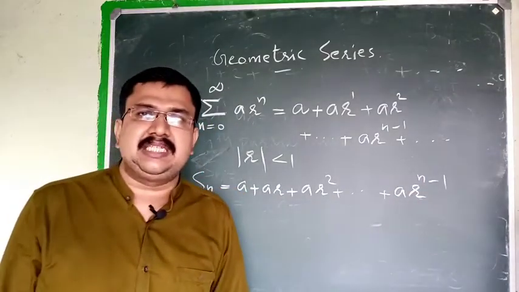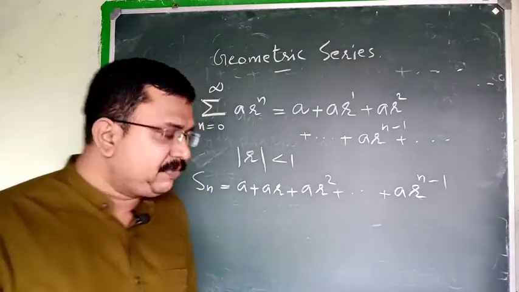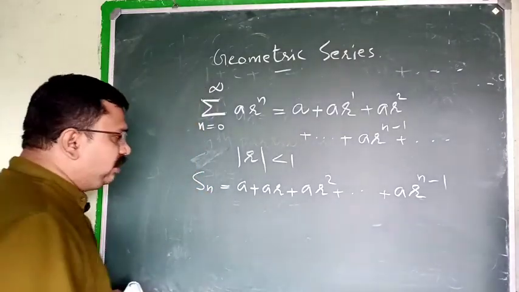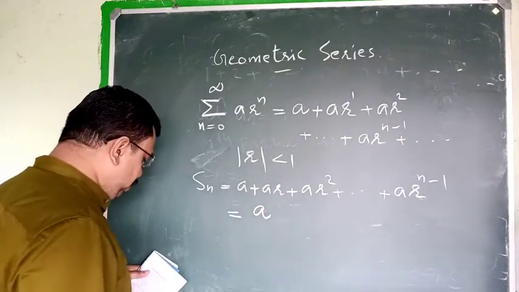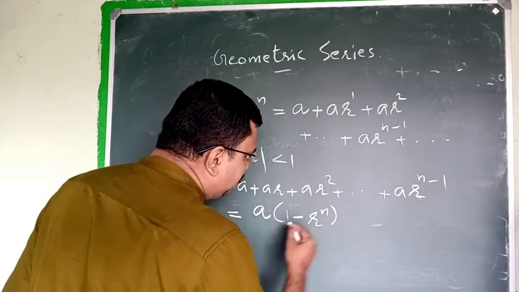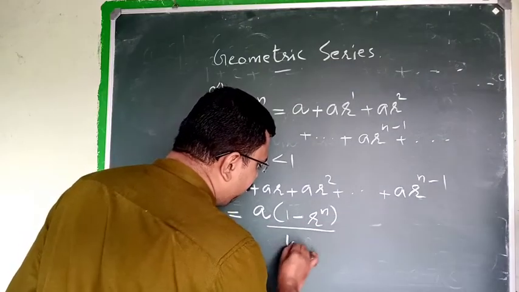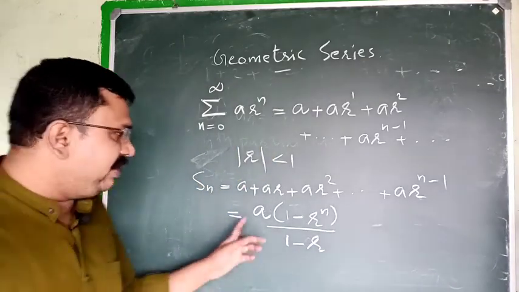What is our Sn? Sn is the nth partial sum of this series, and we know that it is equal to a into 1 minus r raised to n divided by 1 minus r. Very important.